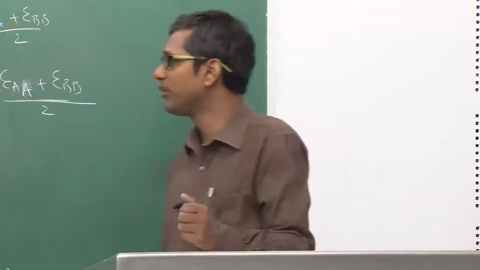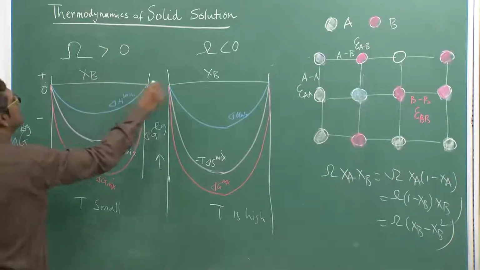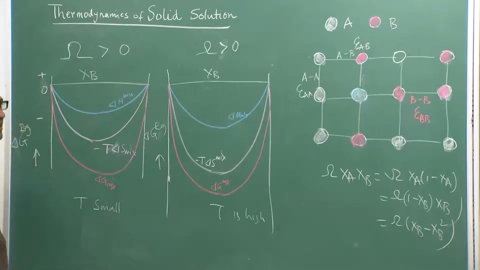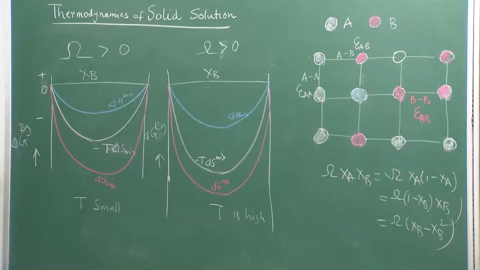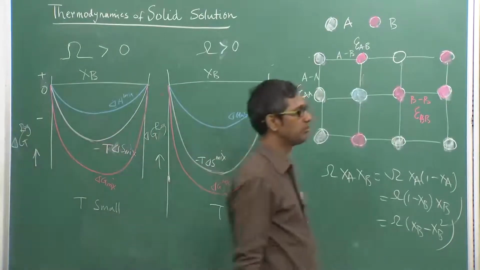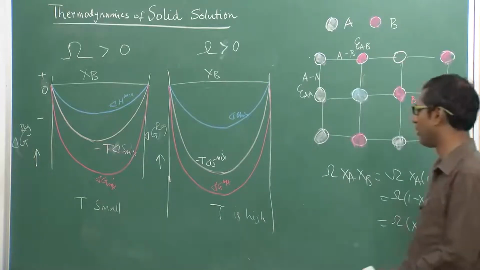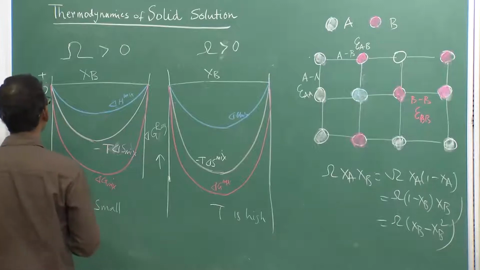So, now we are going to look at when omega is more than 0. Okay, that means it has a positive value. If that is the case, then what is going to happen? We are again going to discuss two cases, when temperature is high and temperature is small. So, if temperature is small, what will happen, and if temperature is high, what is going to happen?